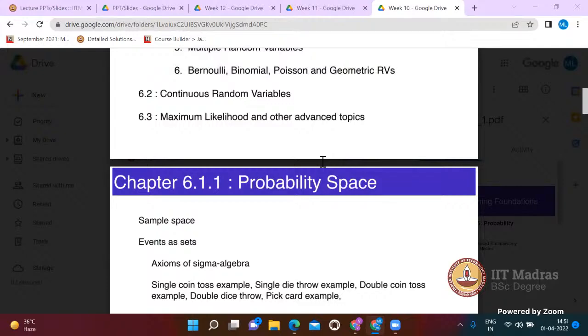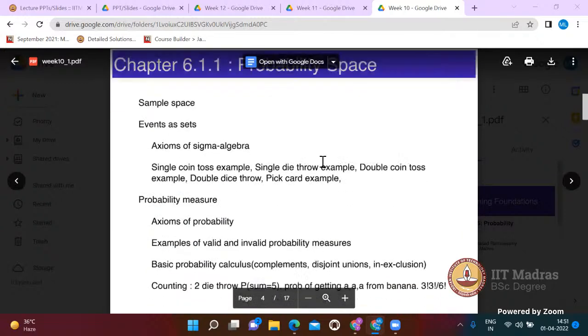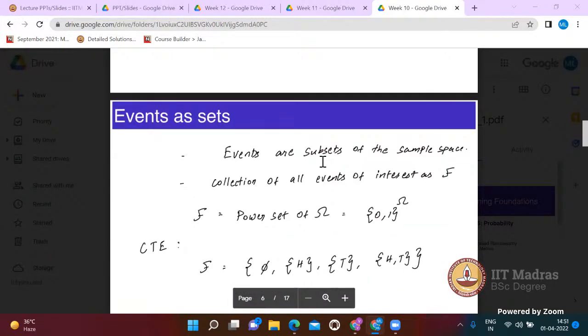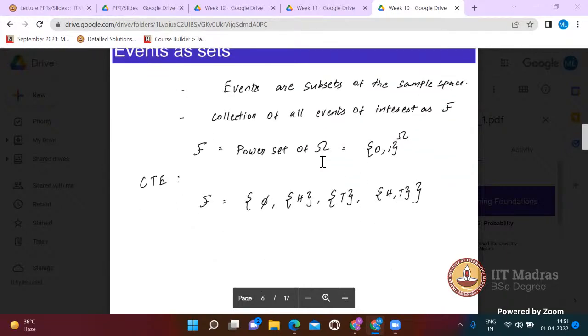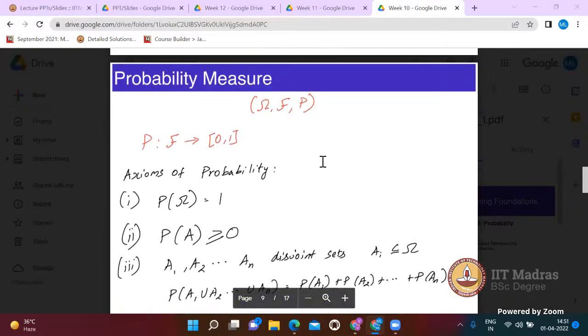Yeah, fine. So in the first lecture, there was nothing, just the sample space. You already know what a sample space, an event, sets and power sets are. There is not much, but if you have any issue, you can point it out at that time, because I'll go at a good speed.